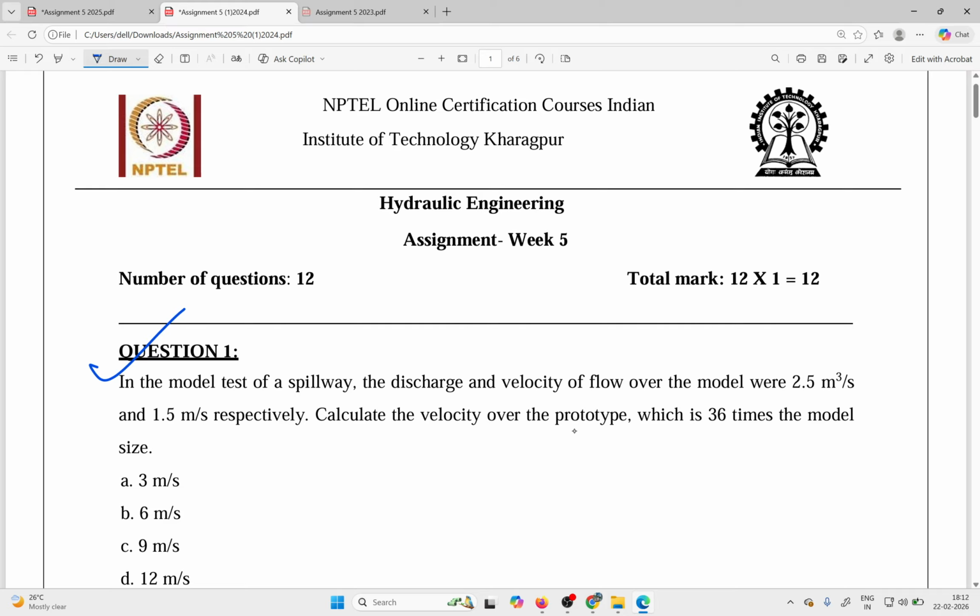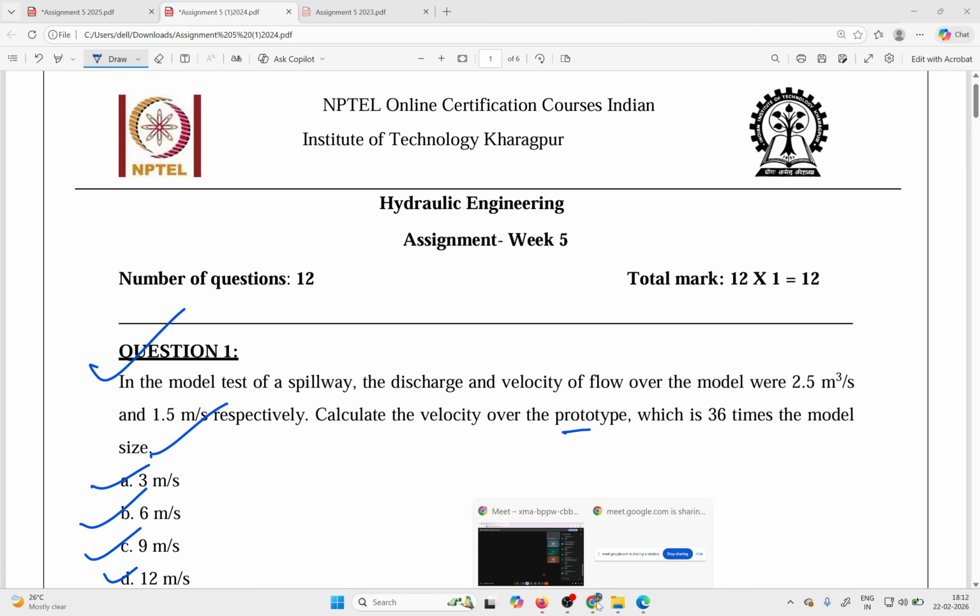Calculate the velocity over the prototype, which is 36 times the model size. Option A 3 meter per second, B 6, C 9, and D 12 meter per second. So please try to calculate.